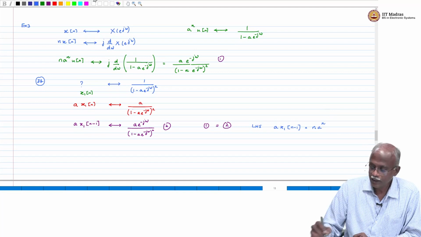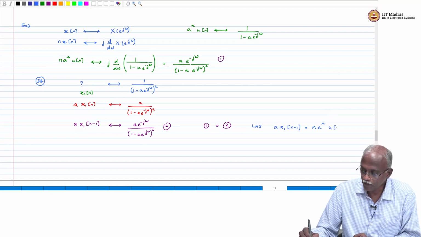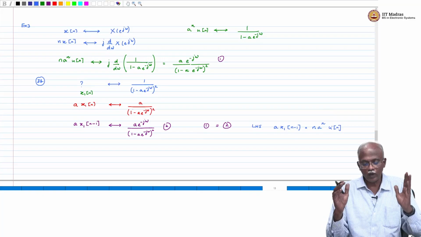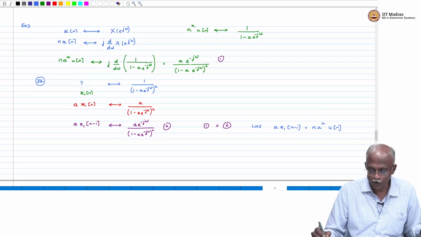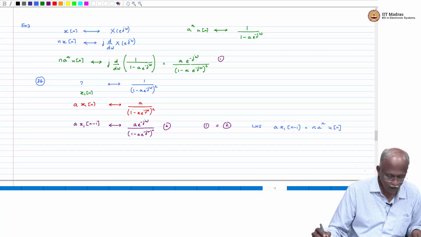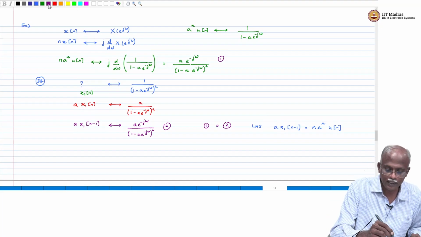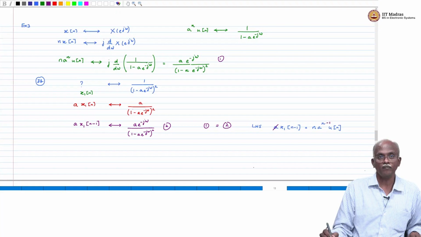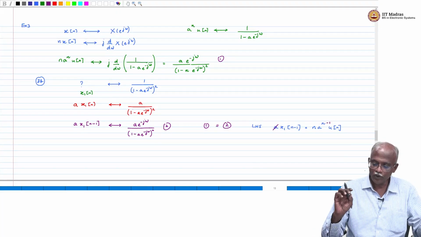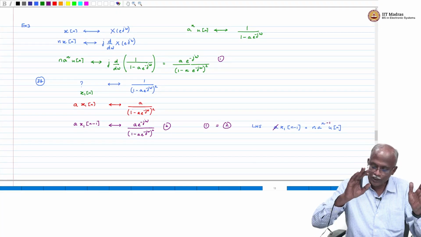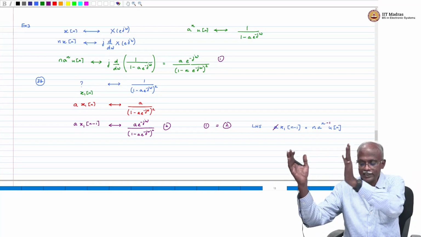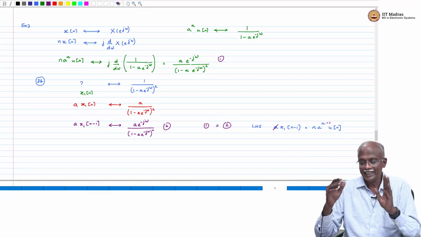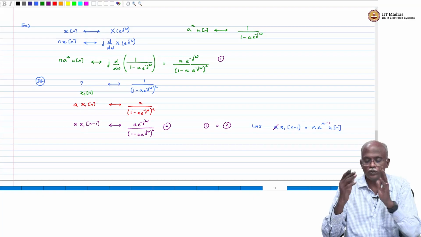Am I right? Basically we were trying to find out what x1 of n is, so the first thing we do is cancel this a, take it to the other side, and make this n minus 1. Now we have come to a very simple step. If x1 of n minus 1 is given as an expression, how do you change it to x1 of n?